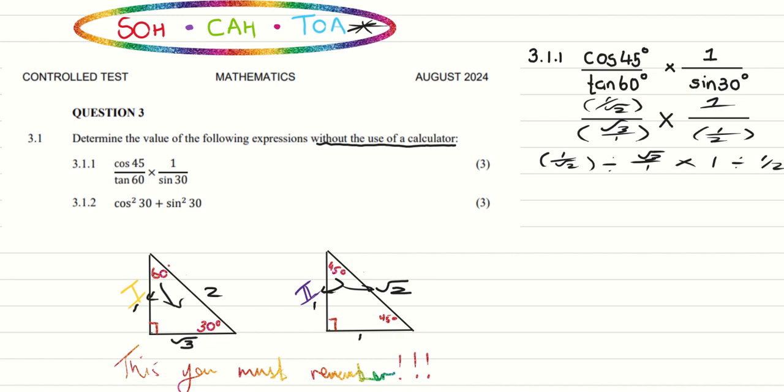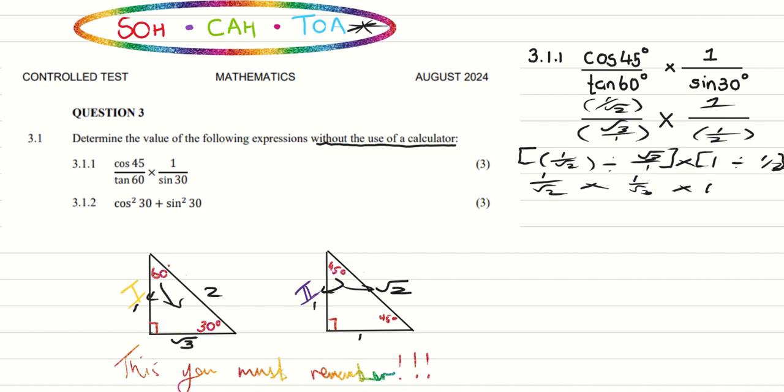Right, there's a lot going on here, so let's just focus on this first part on its own, and then the second part on its own. So we go 1 over root 2, and then we keep this one, we flip this one, and we change the sign to multiplication. We do the same thing here.